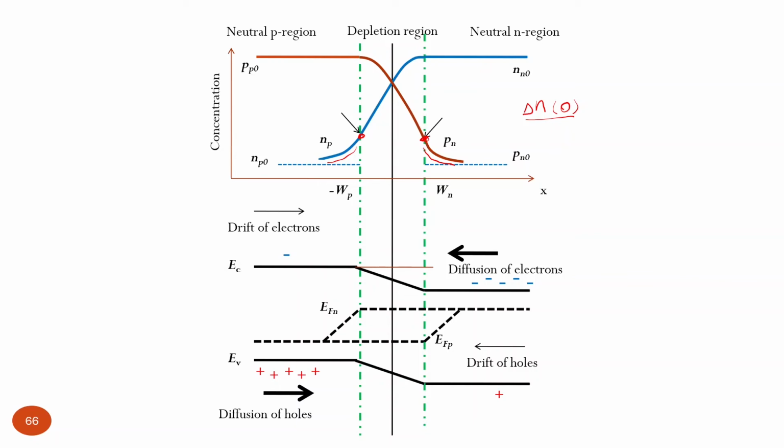But in order to proceed further, we need to know what this concentration will be. Afterwards, we can combine this information about the concentration of minority charge carriers at the edges, at position 0, with the profile which we derived, and eventually come to the expression for the current voltage characteristic.